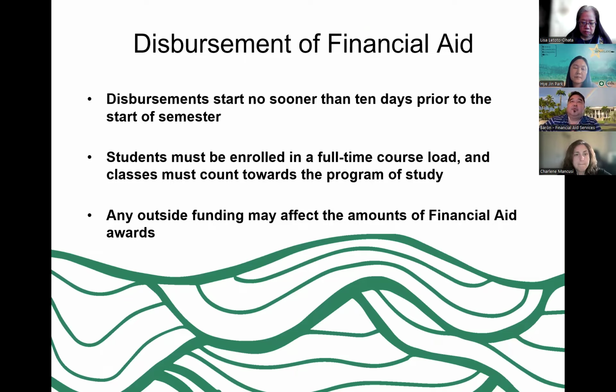So that's another reason why maybe aid wasn't dispersing to the student's account 10 days prior to the start of the semester. Yeah, so like that second one, that classes count towards their program of study, is the one about whether or not the courses are in plan for the classes that they're enrolling in.